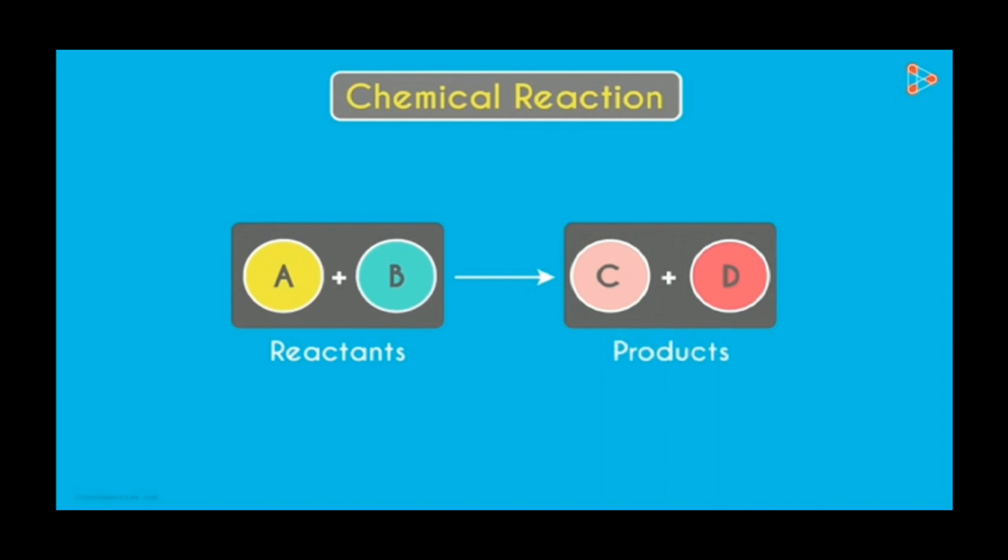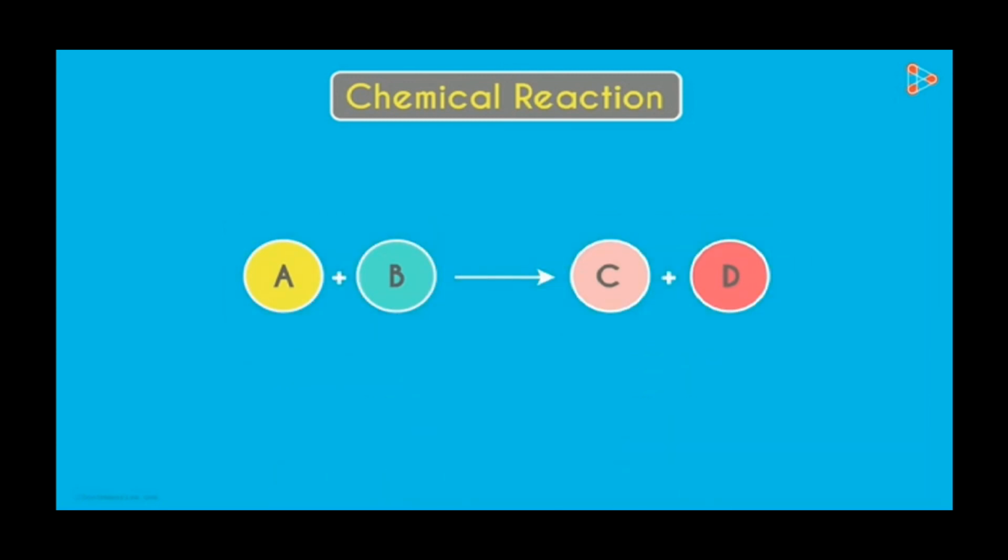On the left, we have substances which undergo a chemical change, called reactants, and the new substances formed as a result of the chemical change are called products. Reactants react to form products. A plus B react to give C plus D.